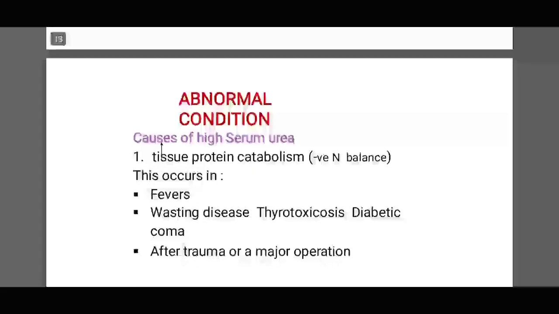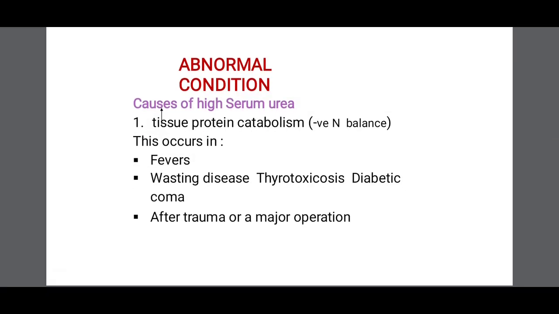mg per dl. The abnormal conditions that lead to high serum urea are tissue protein catabolism, where it is increased, meaning a negative nitrogen balance. This occurs in fevers, wasting disease, thyrotoxicosis, diabetic coma, after trauma or a major operation.